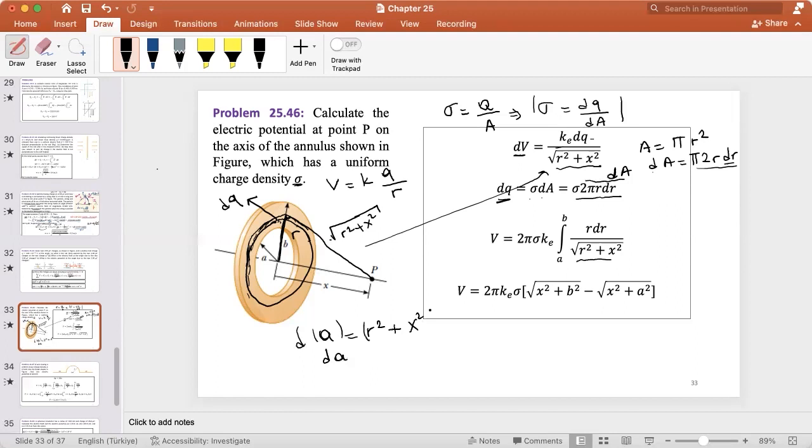So you take the derivative of A, and here 2r dr. This x square is constant, so it will give 0. So you can write 2r dr equals dA.